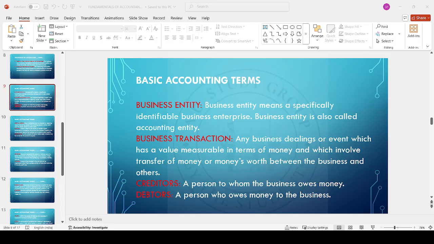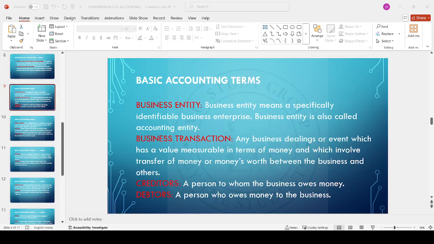Business entity. This means a specifically identifiable business enterprise. In accountancy, you have to understand that the owner is different from the business. I will explain this in the concepts of accounts, probably in the next video. So the business entity is different, and the owner is different.